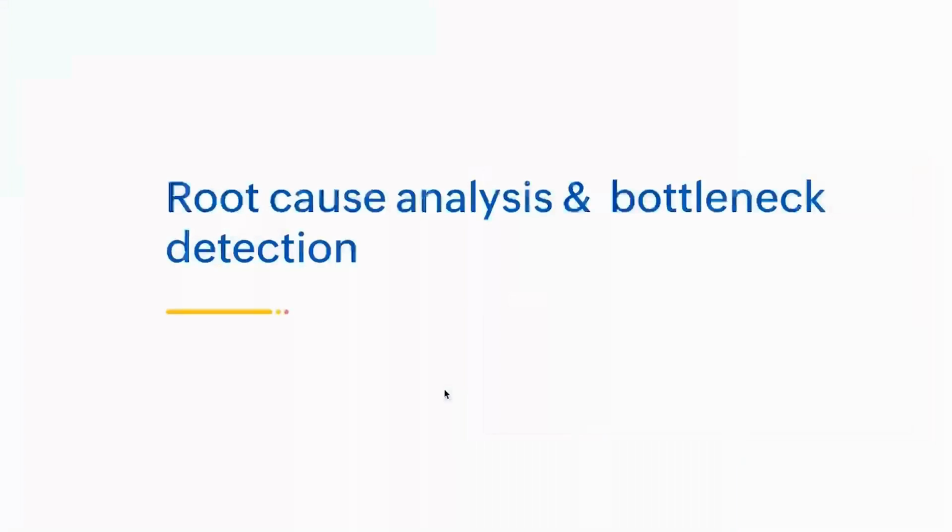The next topic is root cause analysis and bottleneck detection. Modern networks are complex with numerous interconnected components, cloud services, virtual environments, IoT devices, and more, making it challenging to identify where issues originate.